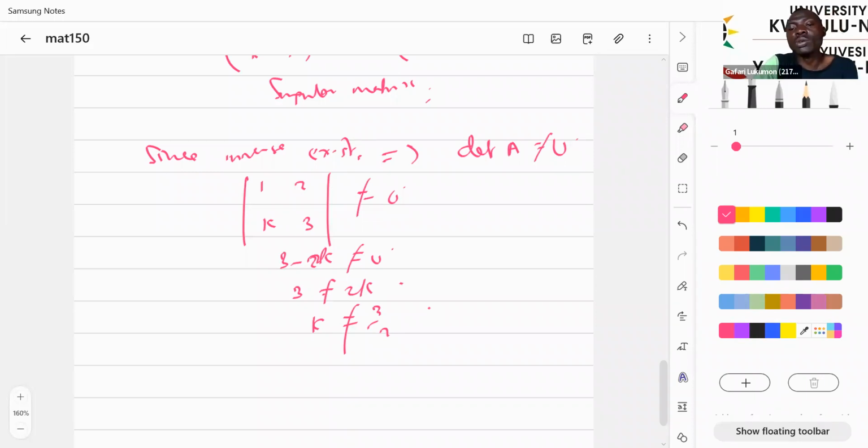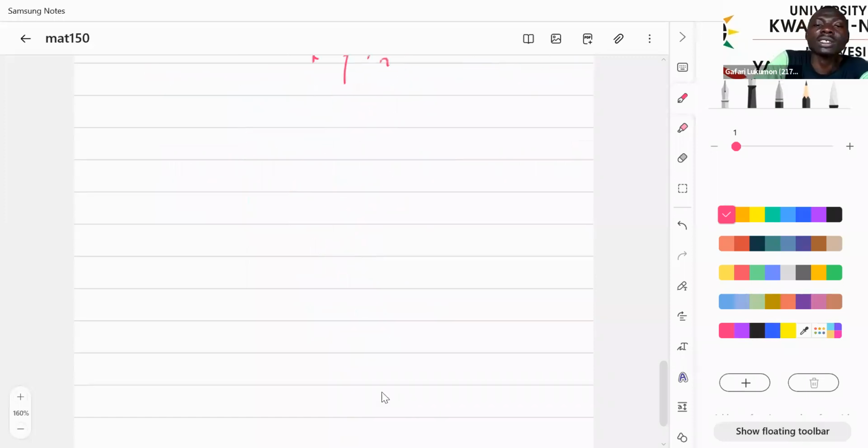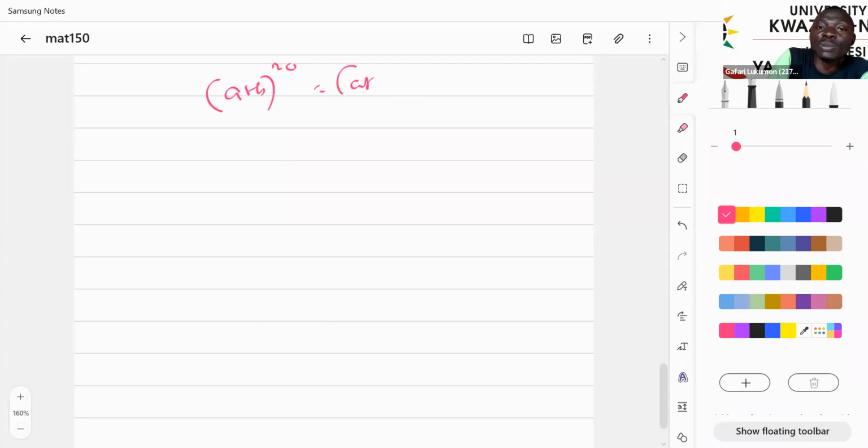For example, when you have something of this nature, maybe a plus b raised to the power 20. It might be hard for you to be saying a plus b times a plus b times a plus b. That is not right.